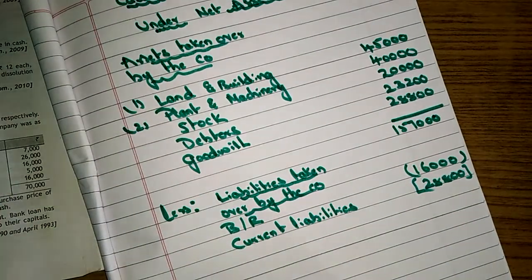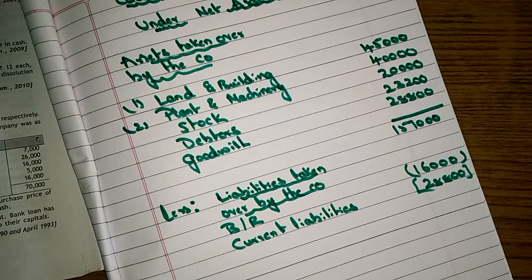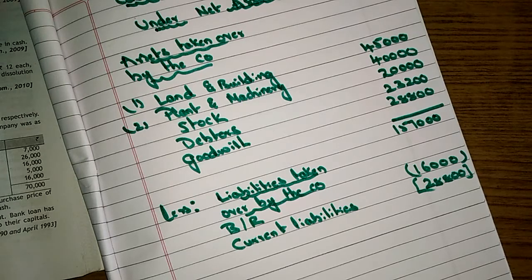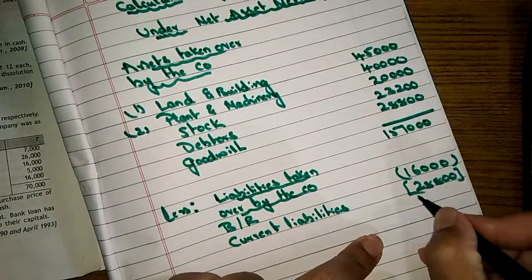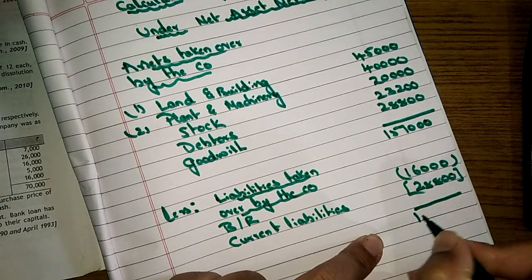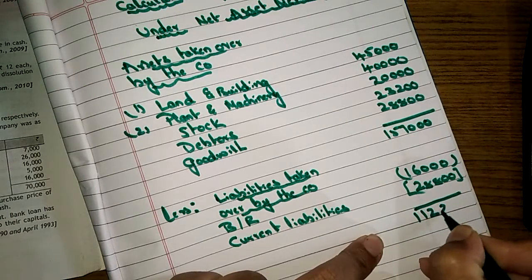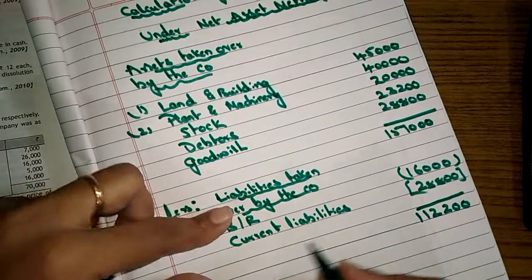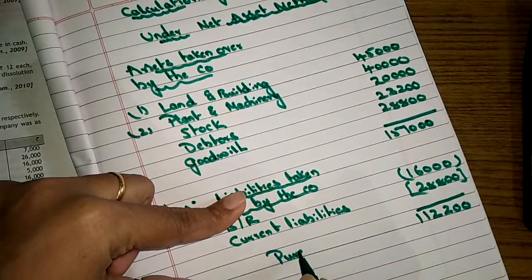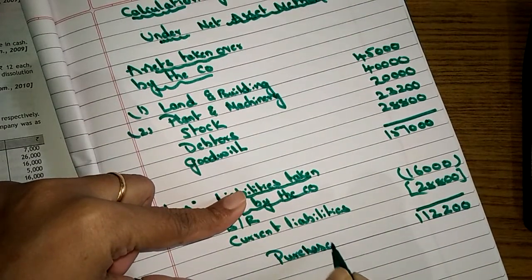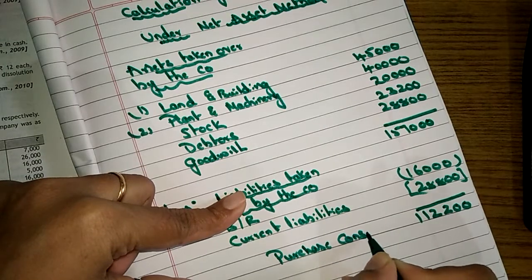Okay, so these are the liabilities which are taken over by the company. 16,000 plus 28,800, minus it from 1,57,000. You will get 1,12,200 as a purchase consideration.